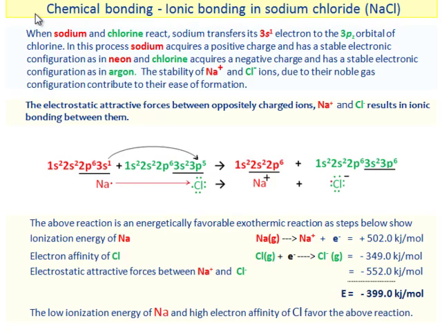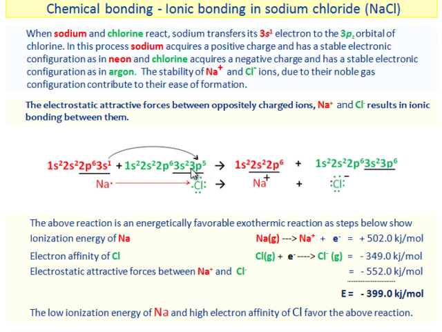We will now discuss chemical bonding concepts, starting with ionic bonding in sodium chloride, NaCl. When sodium and chlorine react, sodium transfers its 3s electron to the 3p orbital of chlorine.